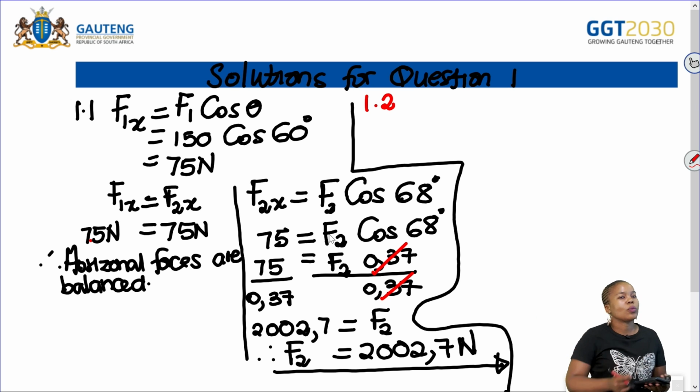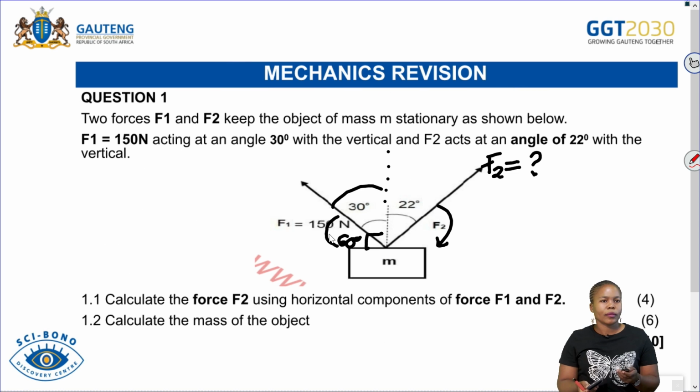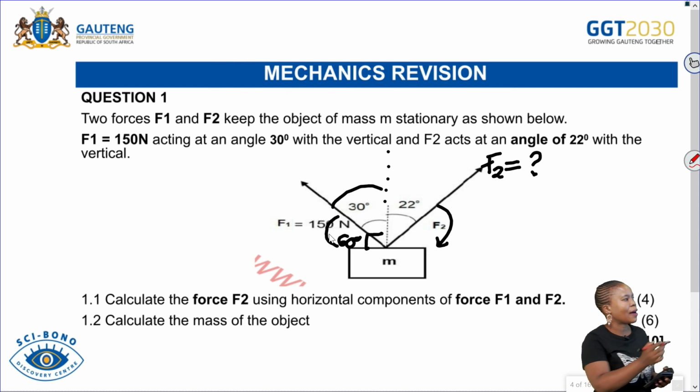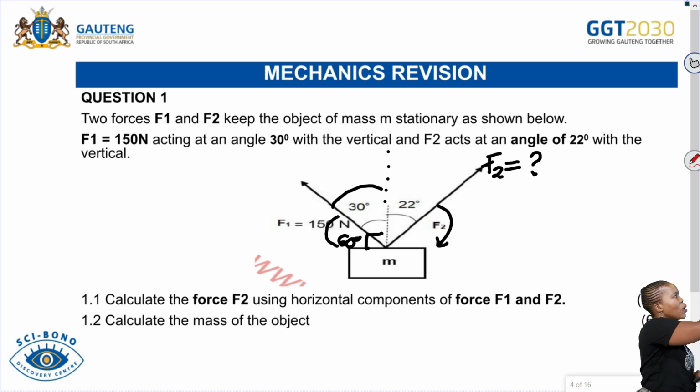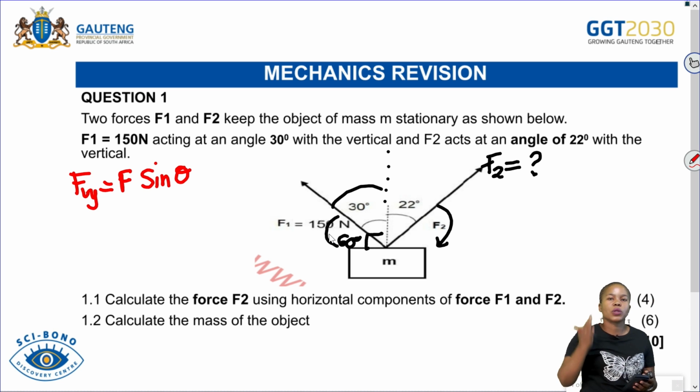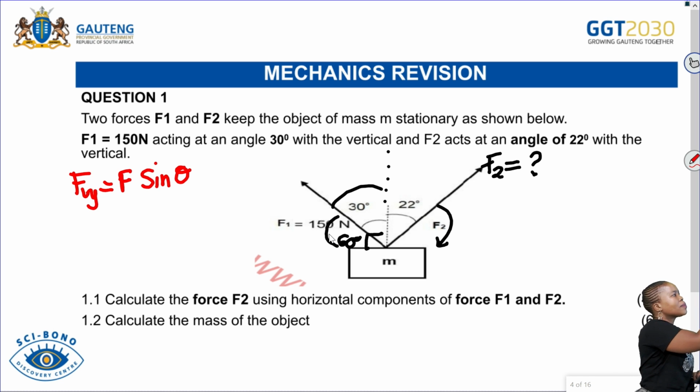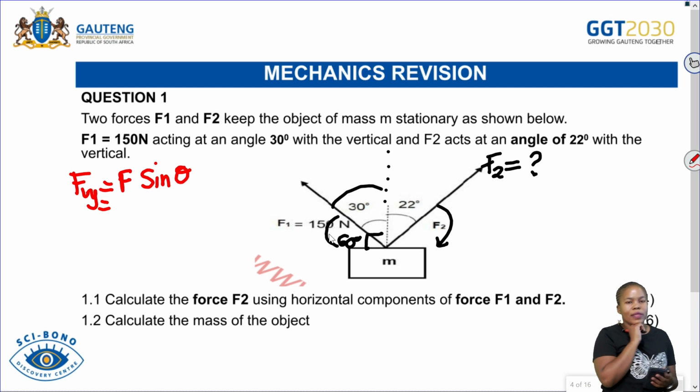Look at the diagram as well. So what we should be doing over here is finding F1y. Now, F1y is going to be F sine theta, because we're talking about the vertical components. Now, what is my main F on this side?